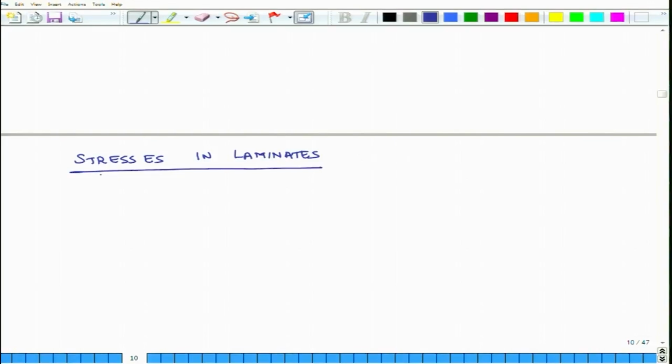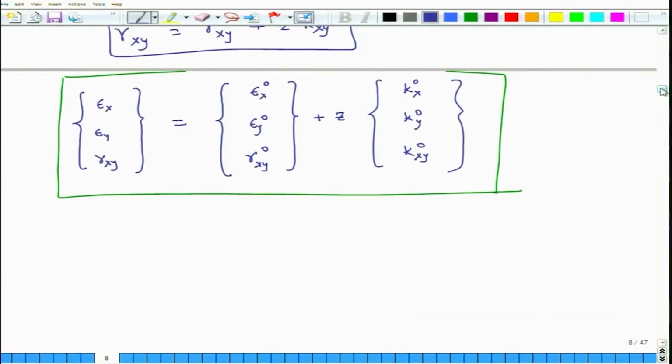So, now the question is, if I know the mid plane strain and mid plane curvatures. So, what does that mean?